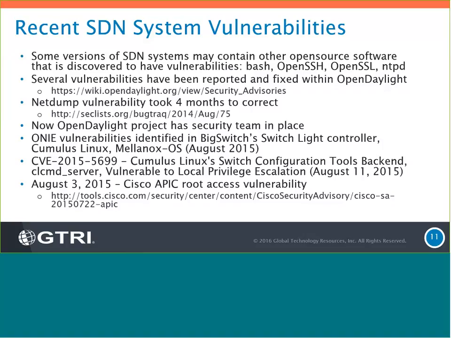There have been vulnerabilities with the Open Network Install Environment on switches and different controllers: Cumulus Networks privilege escalation, and a Cisco APIC root access vulnerability. These have been patched and addressed, but from publicly announced vulnerabilities in software-defined networking systems you can see what attackers or security researchers may be thinking about, and they're along the lines of what we just talked about.